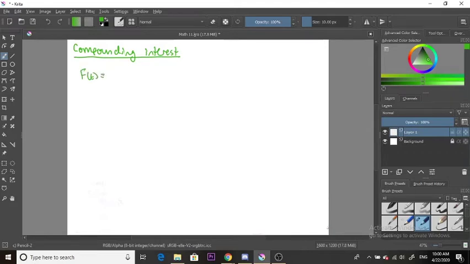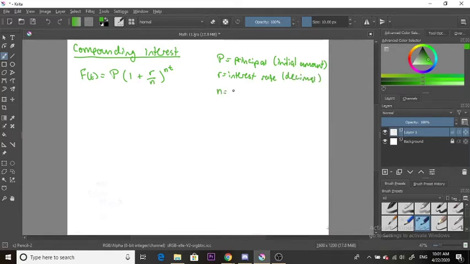F of t is equal to your principal times 1 plus r over n to the power of nt. So P is your principal. This is your initial deposit or your initial amount. R is your interest rate, and it has to be in a decimal form.